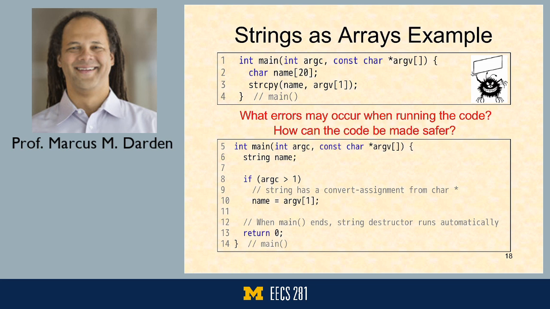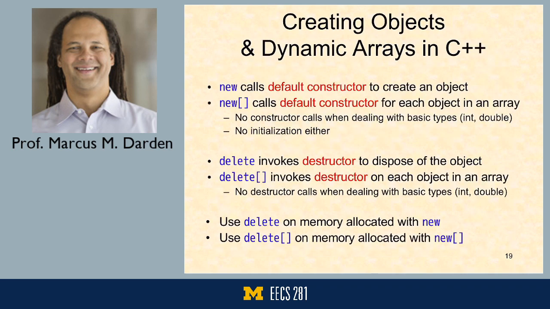Then if I just do this C++ style string, I can set that equal to a character pointer, and that's got an overloaded operator equals so that it actually does an allocation, makes sure that I have enough memory in name, copies the value in there, null terminates it, and I've got a nice string there. So this is a much safer way to do this. I've avoided both of the errors that you can see in lines 1 through 4. Bugs gone.